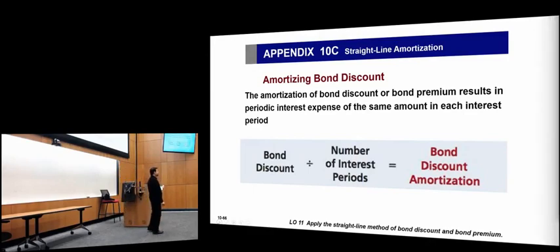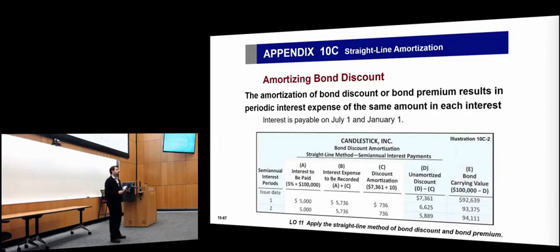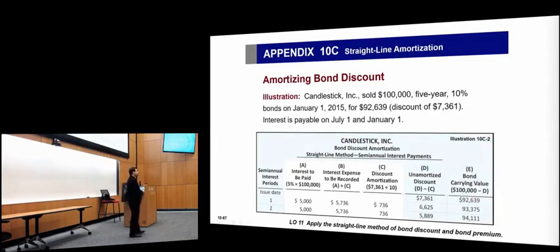So if you have a bond for 10 years, how many interest payments are expected? 20. So you divide the bond discount or bond premium over those 20 payments. This will give you the amount of discount that is amortized.